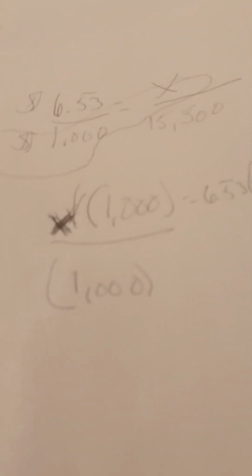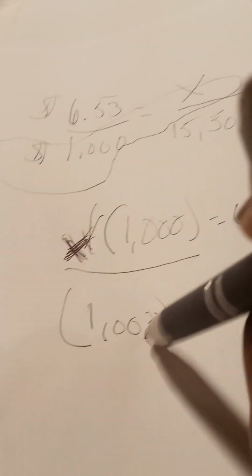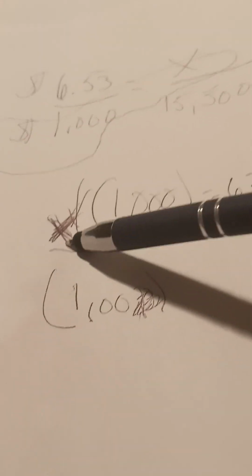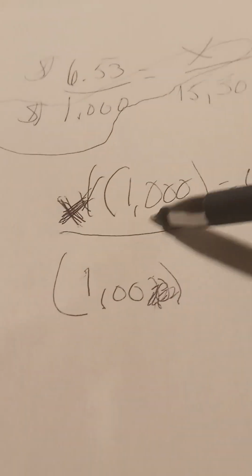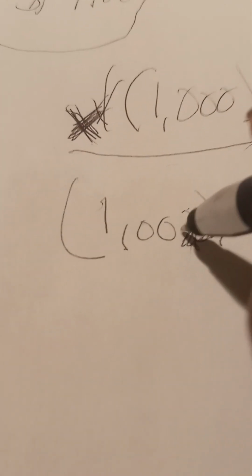So your numbers for your test are always going to have shortcuts built into them. In algebra land, we get rid of everything surrounding the variable. X times 1,000 is what we started with, but we want X by itself. So instead of multiplying times 1,000, I'm going to divide by 1,000. Oh no, I did need my 0. My fault.